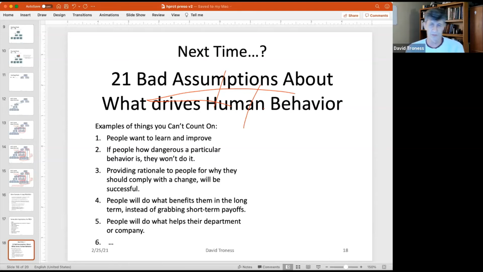And for instance, with this slide, I started to generate a list of bad assumptions. Things like, it'll be built into someone's action plan, kind of an assumption that, well, people want to learn and improve, so they'll do this. Everyone wants to. Well, no, not really. It's a mistake to think it's going to happen everywhere. If someone thinks a particular action is dangerous, they won't do it.